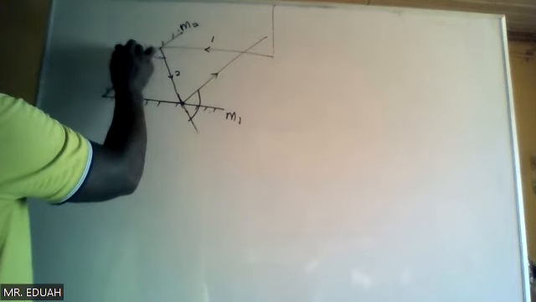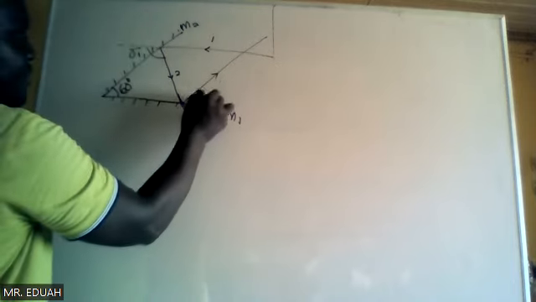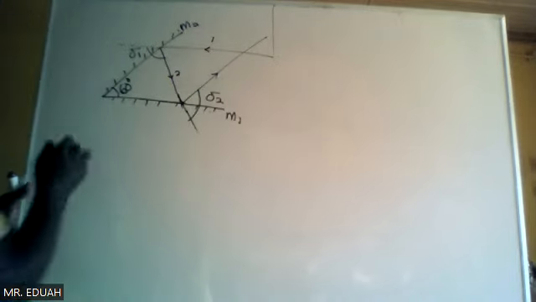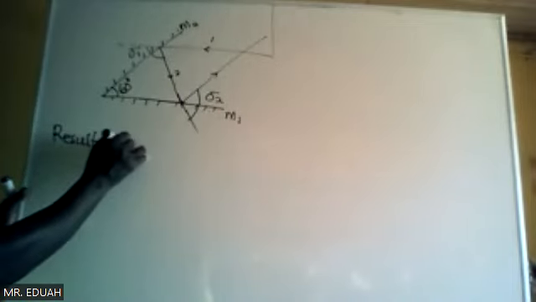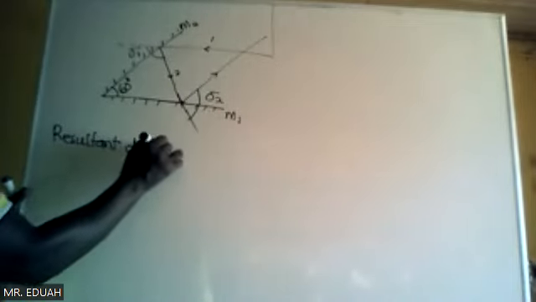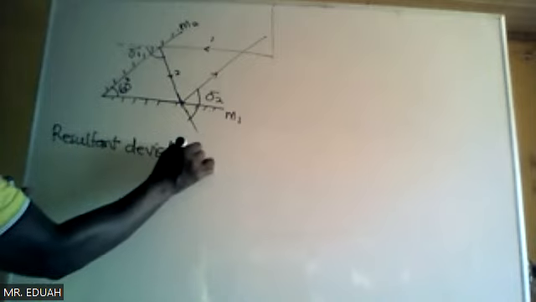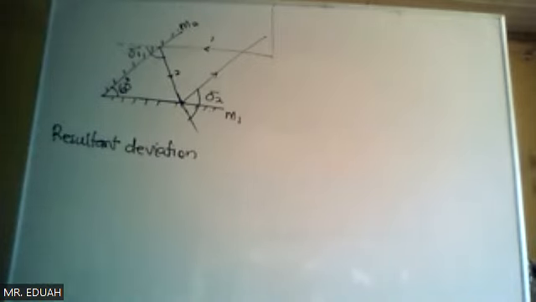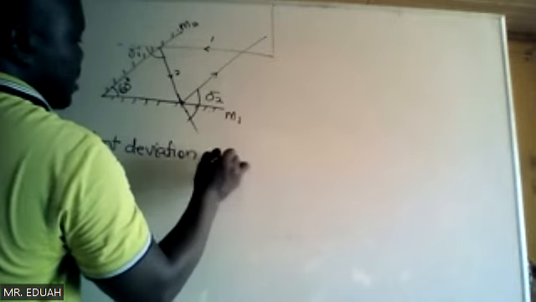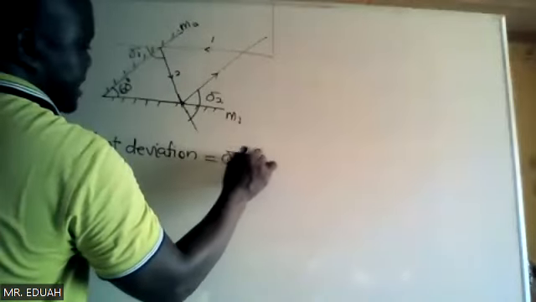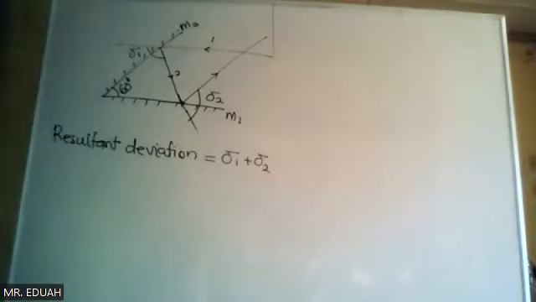So we have deviation 1, we have deviation 2. And the resultant deviation will be the total deviation as a result of the two mirrors. So here, sigma 1 plus sigma 2 must be the resultant deviation.